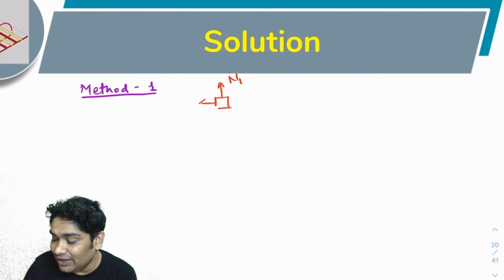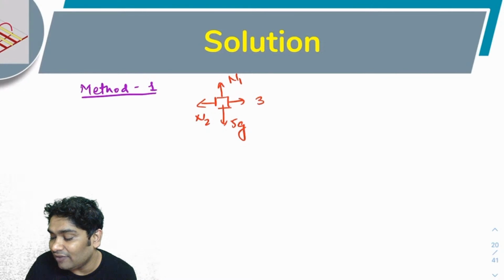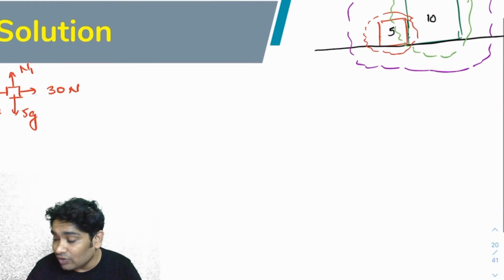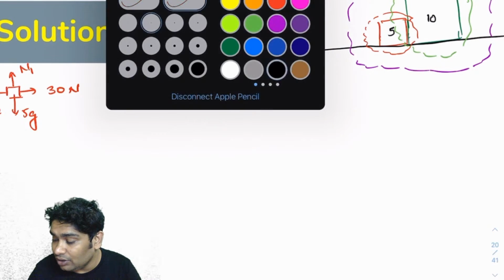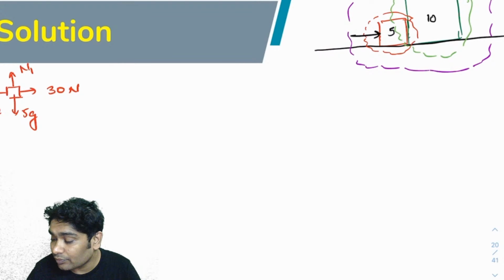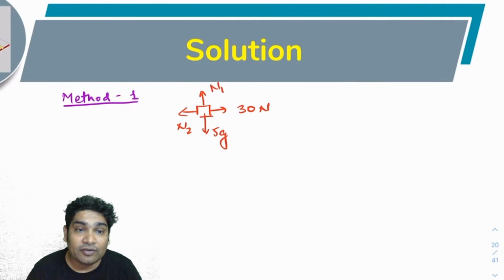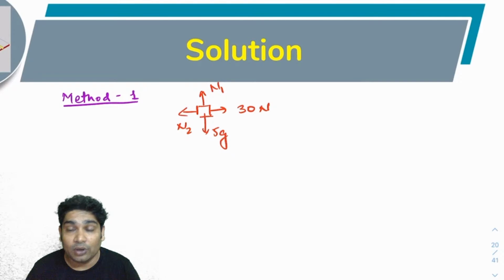From the other one it feels a push of N2, and it is feeling its weight of 5g, and it is feeling a force of 30 Newton in this direction. You were applying a force of 30 Newton on this. So this is what the FBD of the 5 kg block would look like.